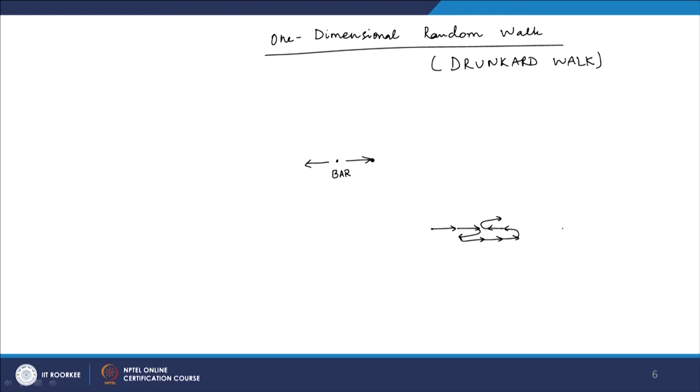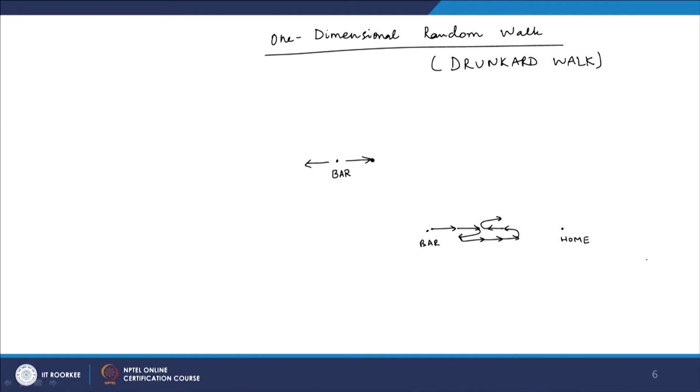And then let us say if his home is somewhere far off, he may or may not reach his home, right. So, this model has nothing to do with the polymer chain, except keeping the main idea that two adjacent steps of the drunkard walk are completely uncorrelated, just like what we did in the freely jointed chain.